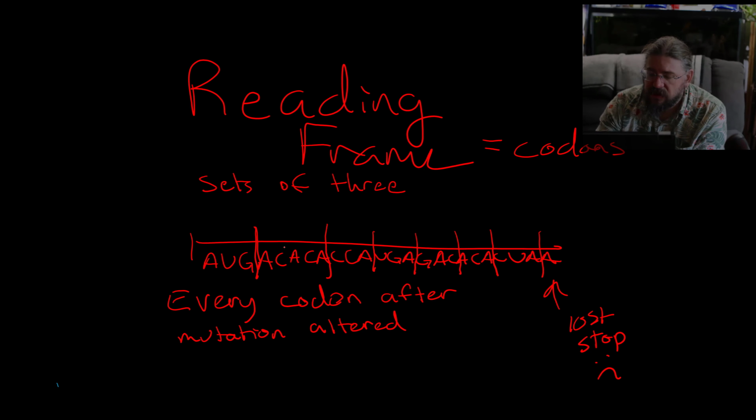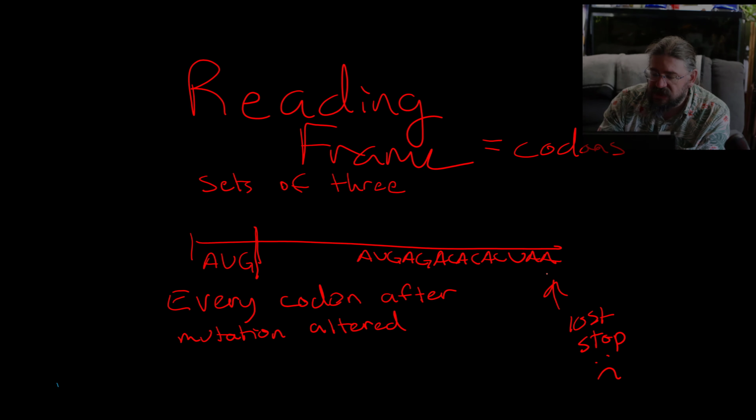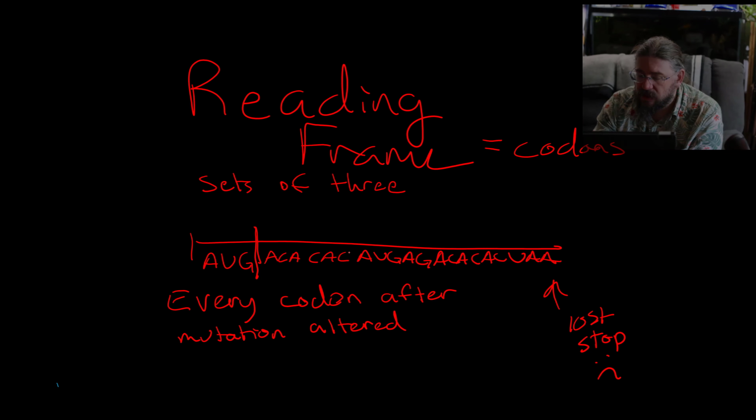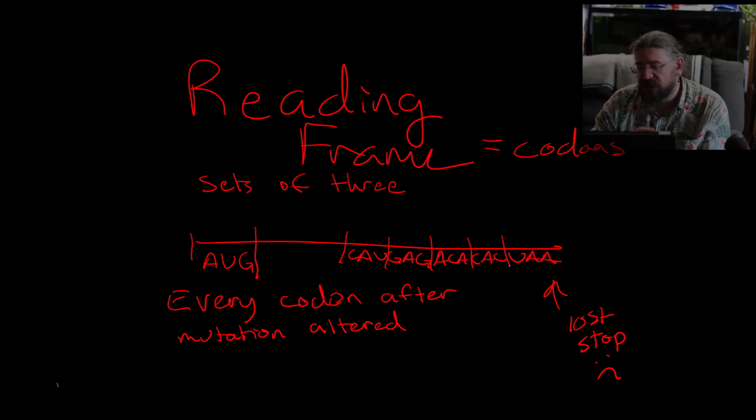So if you lose 6 of these, your reading frame isn't changed. You lost 6 amino acids, but your reading frame remains the same. It's bad. It's just not technically a reading frame mutation.